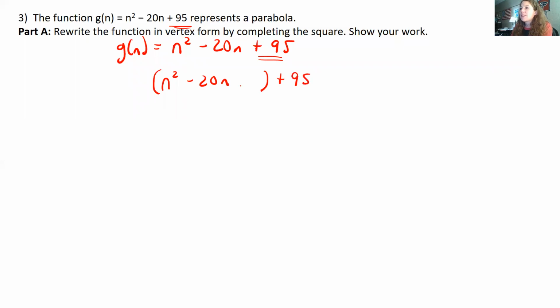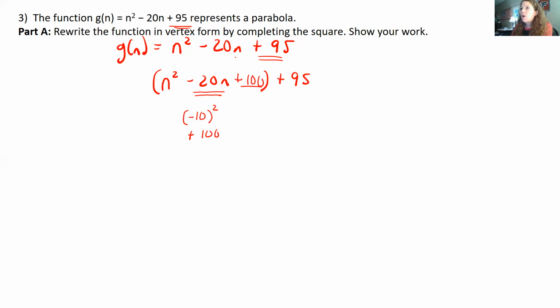Well, then how do we get this term right here? Remember, we take this second term and we're going to half it. Half of negative 20 is negative 10. And after we half it, we square it. Negative 10 squared is positive 100, right? So we're going to add right here plus 100.